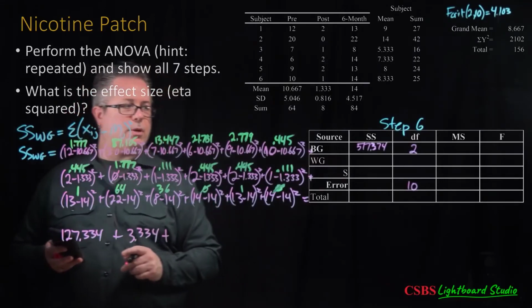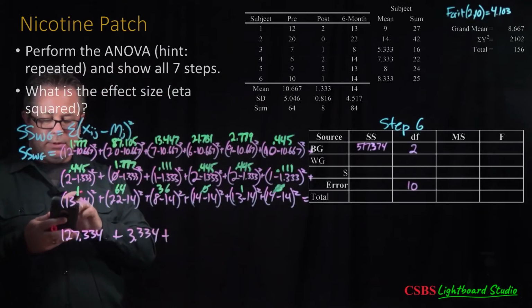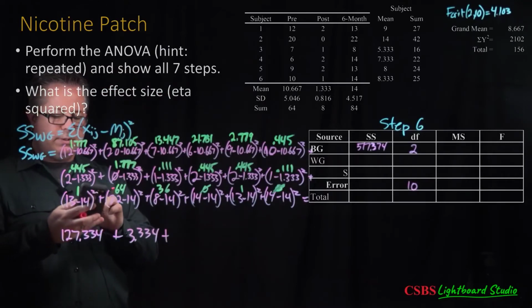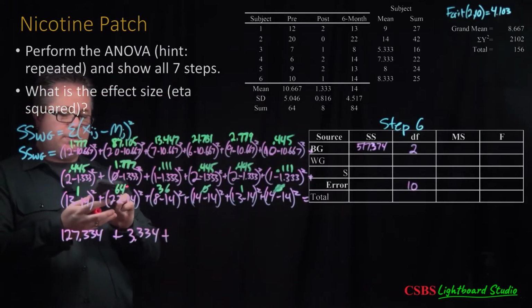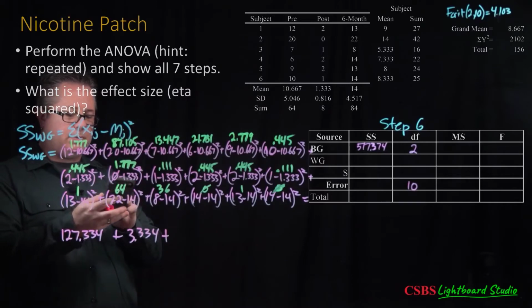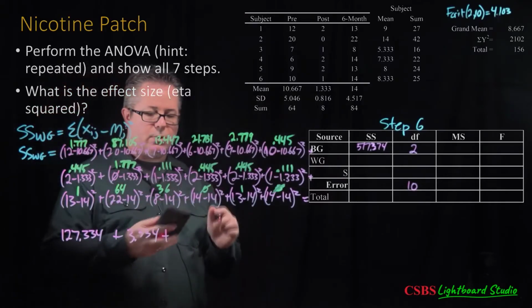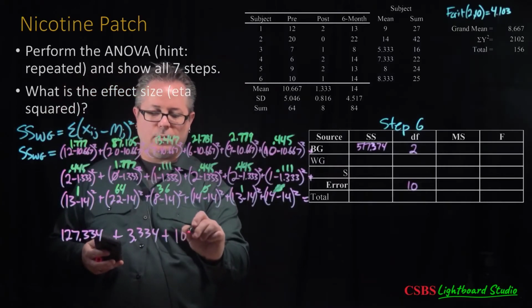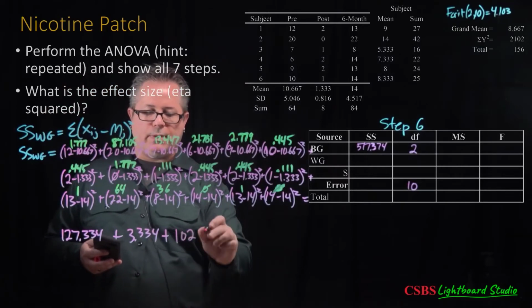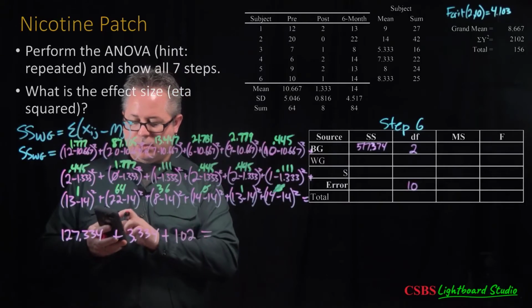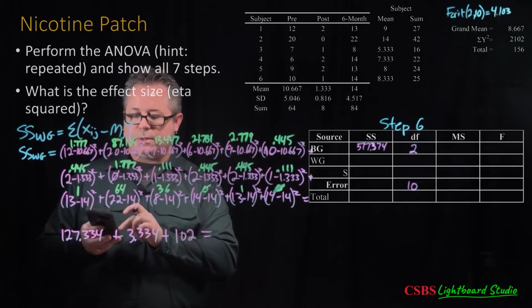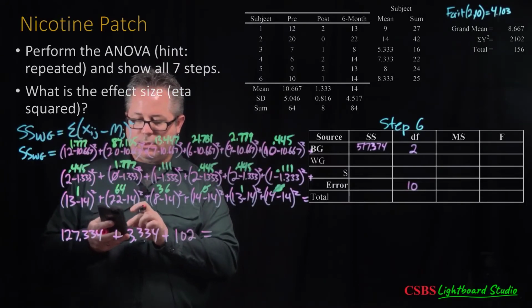So the third row now is 1 plus 64 plus 36 plus 0 plus 1 plus 0 equals 102. Okay. So add all those up. 127.334 plus 3.334 plus 102.